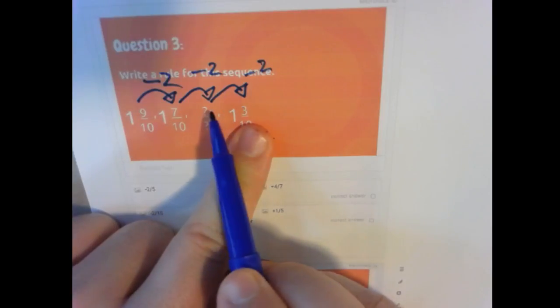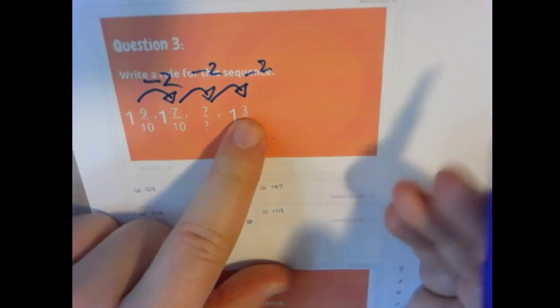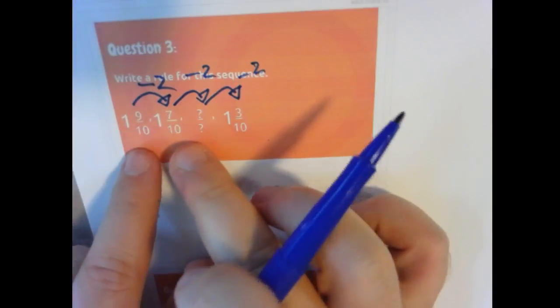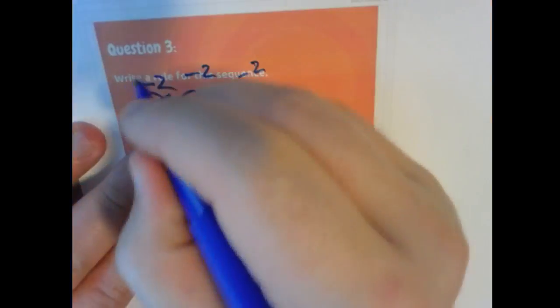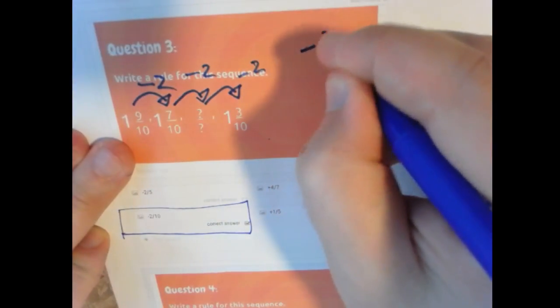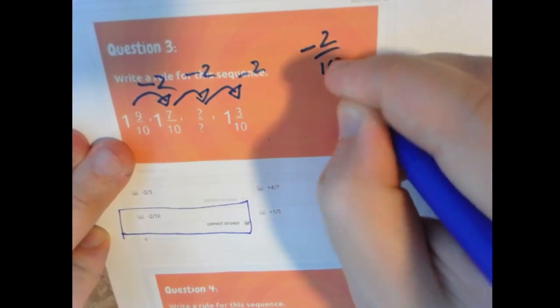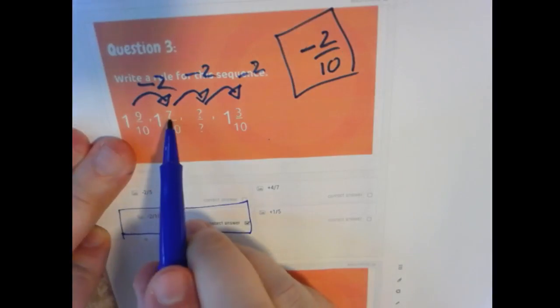You see the pattern that each step we're losing 2, and of course the denominator is 10. So we're losing 2/10 each step. That's how much we're losing each step of the way.